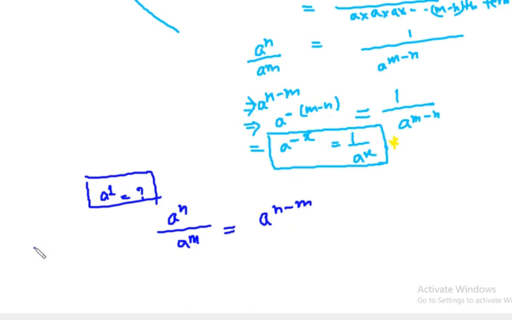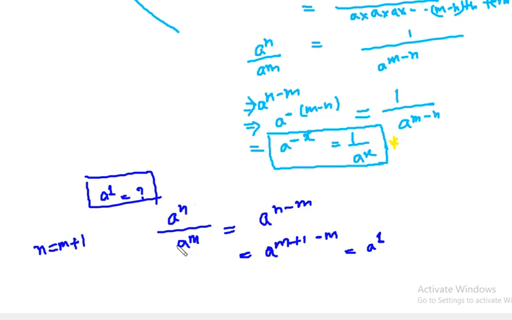Now if n is equal to m plus 1, then we can write a to the power n minus, in the place of m we write m plus 1, minus m. So m cancels, and we are getting a to the power 1.